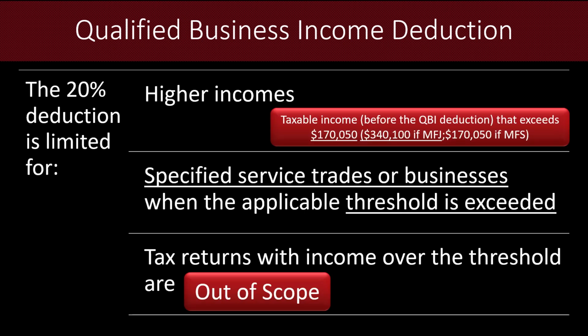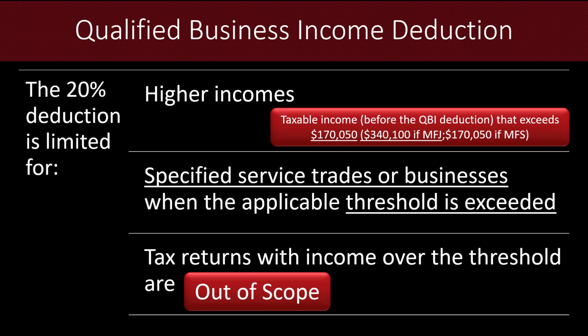And then, more for awareness than anything, the QBI deduction does have phase-outs for incomes higher than the threshold amount. You can see here these amounts are quite high, and returns with income over the threshold are out of scope for VITA altogether. This is not likely to affect our client base anyway.